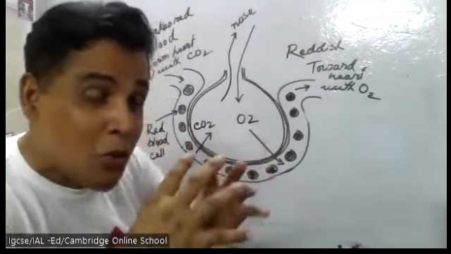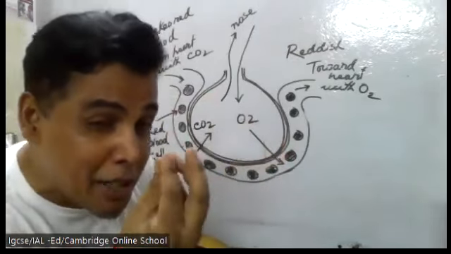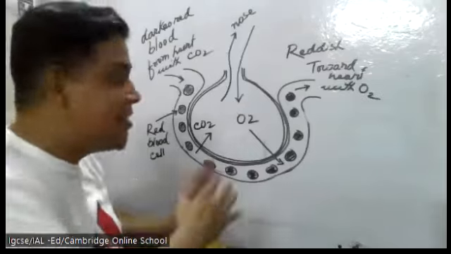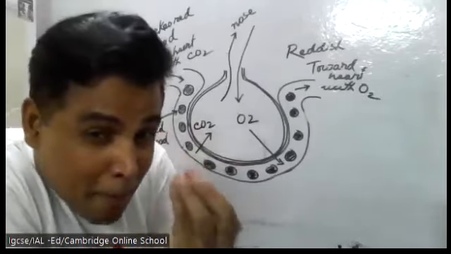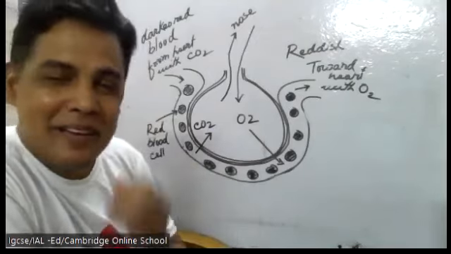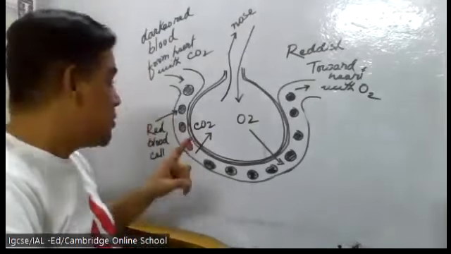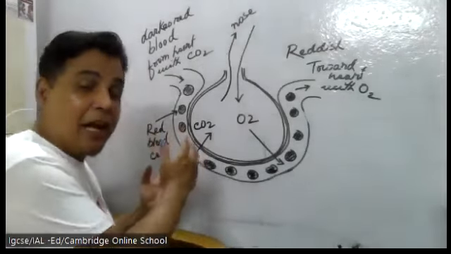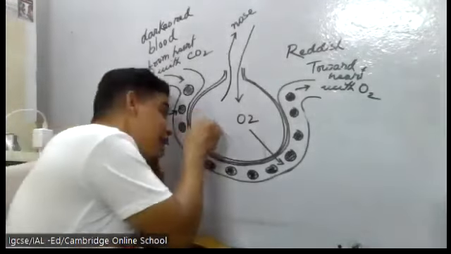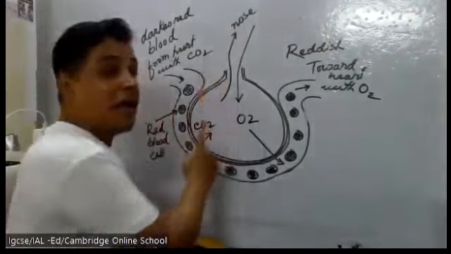This is the picture of a small compartment of the lungs, right? Okay. So by diffusion, the bad gas, carbon dioxide, is diffused here and goes out through the nose.